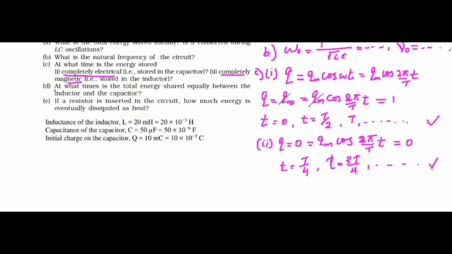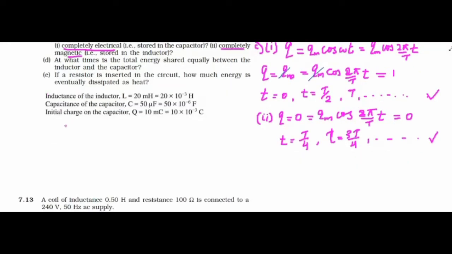Now next, at what time is the total energy shared equally between inductor and capacitor? Just assume that when the inductor and capacitor are having equal energy, the energy in the electric field is equal to the energy in the magnetic field.